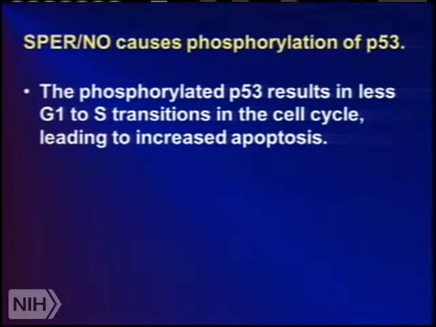We can add Spurno to our lung cancer cells, and we see then that the P53 gets phosphorylated, and this then leads to less G1 to S transitions in the cell cycle, and in turn, ultimately, the P53 can get inactivated, leading to increased apoptosis of the cancer cells.